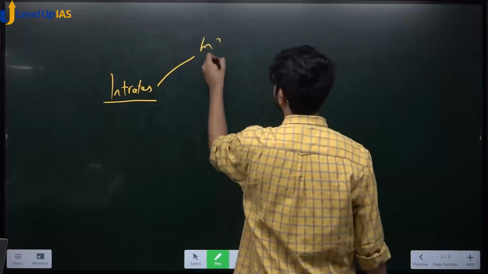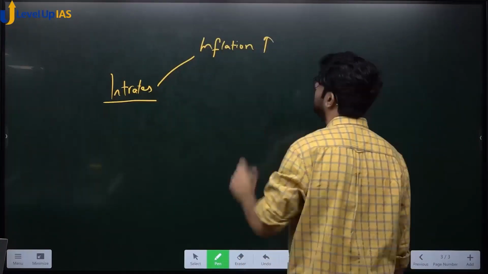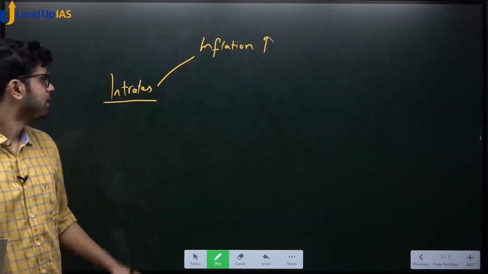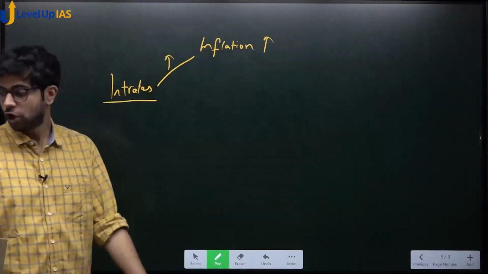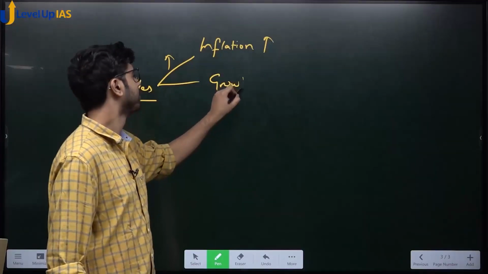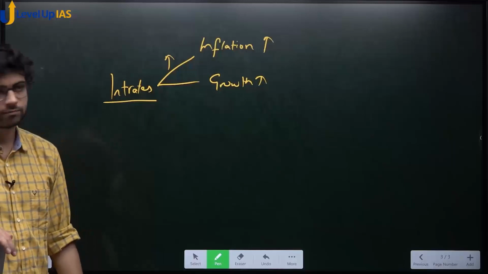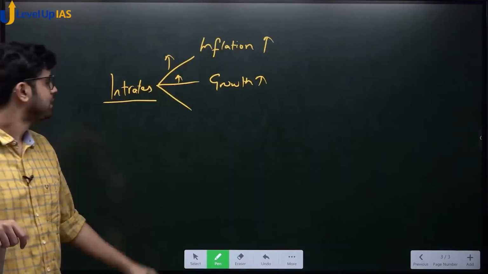What would happen to interest rates if inflation is high? Would interest rates reduce or increase? Interest rates would increase. Okay? What about growth? What if growth is high? What would happen to interest rates? Interest rates would increase.